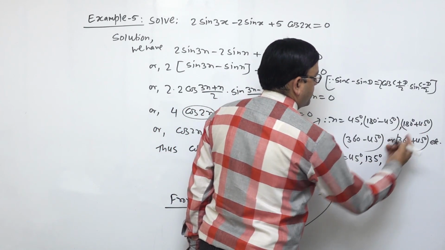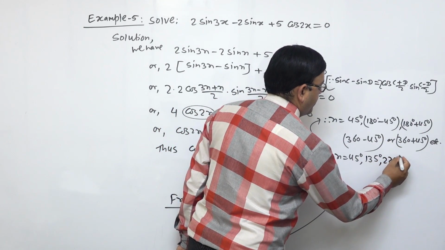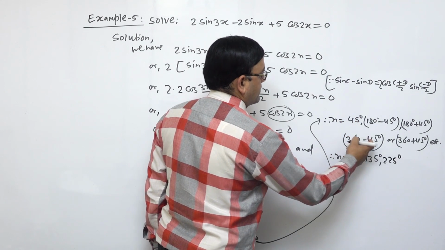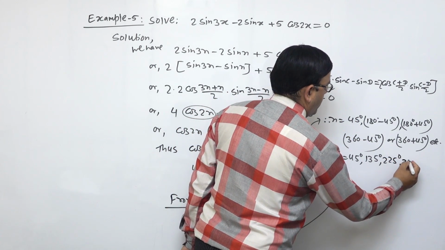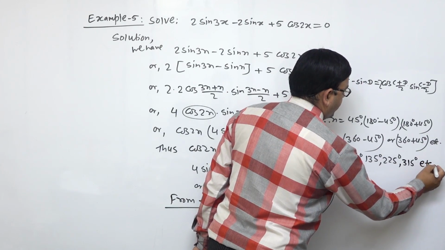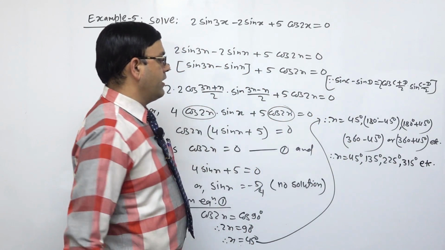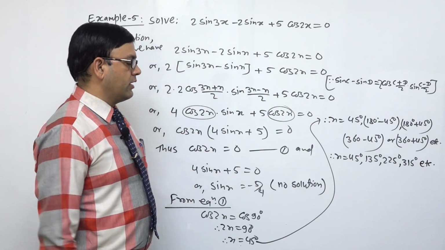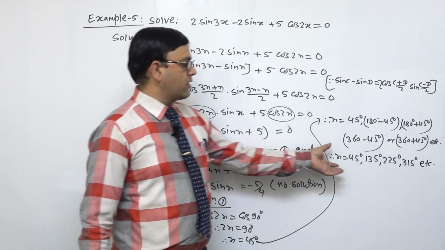Again 180 plus 45 is 225 degree, and 360 minus 45 is 315 degree, and then etc. In this way we can solve this question, and this is the required answer of our question.